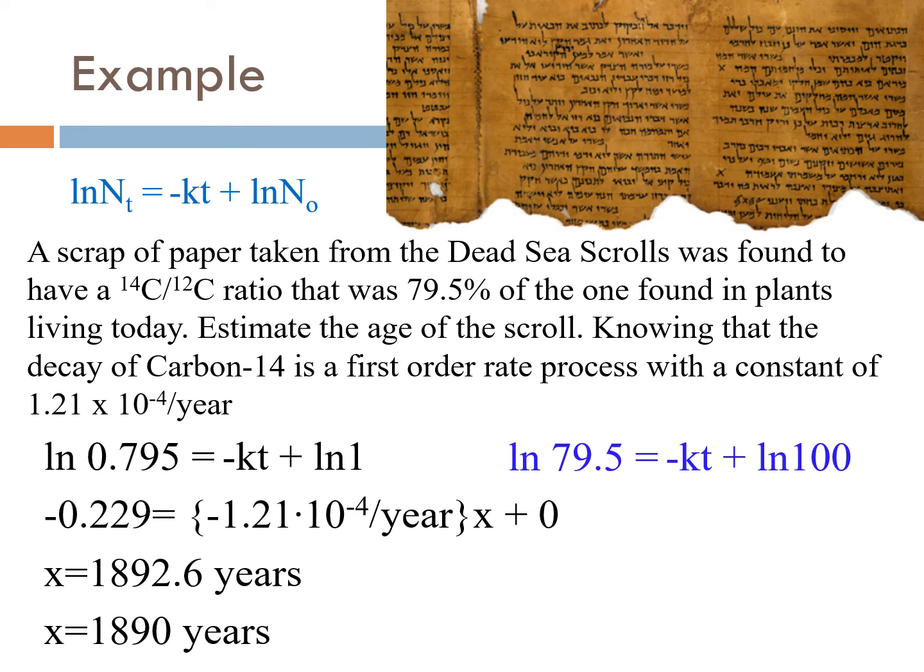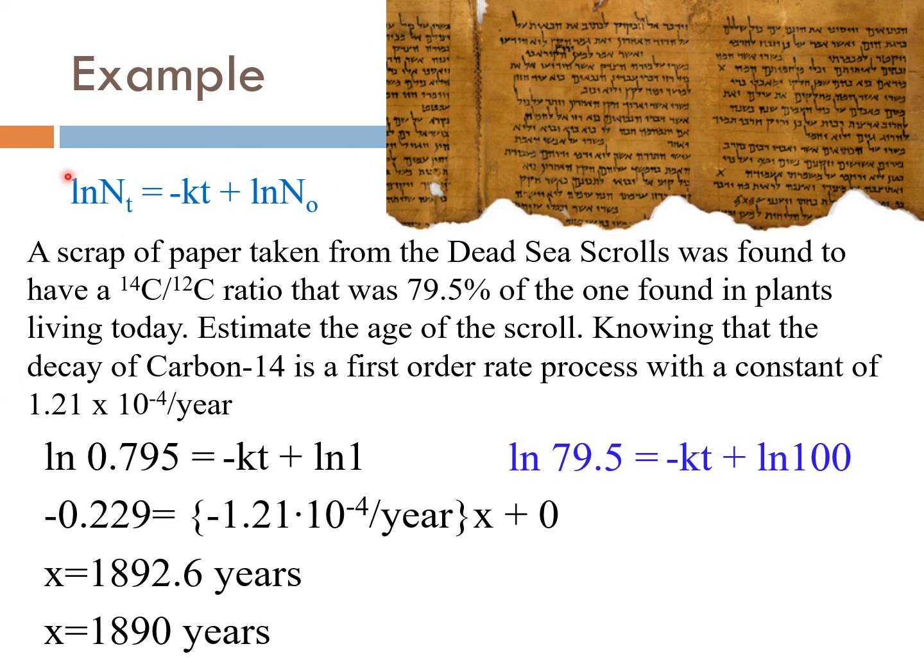So you can assume that your initial amount is 100%, and the final amount is 79.5%. And so you can plug those in the first order integrated law that you can see here, right?